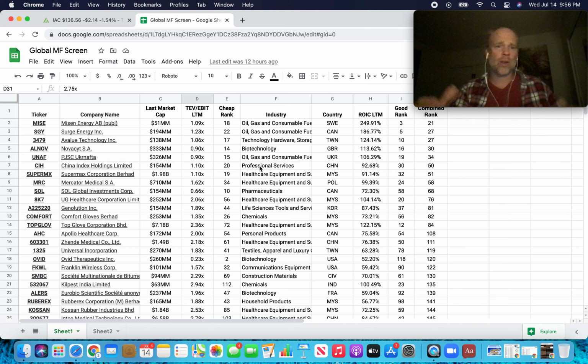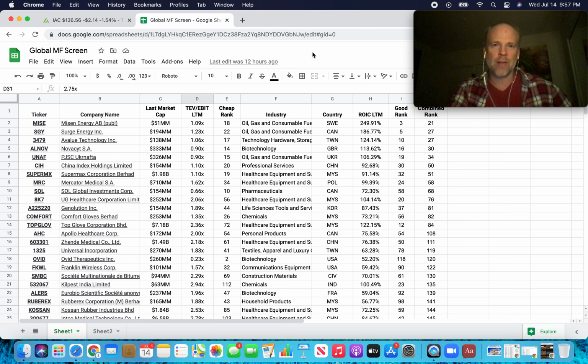If I could look at these top 30 or top 50 global results in terms of Magic Formula and see a column that just says yes or no: a guru that we follow owns this. That would be super valuable, at least to me, in terms of quickly filtering out which ones I want to look at first.